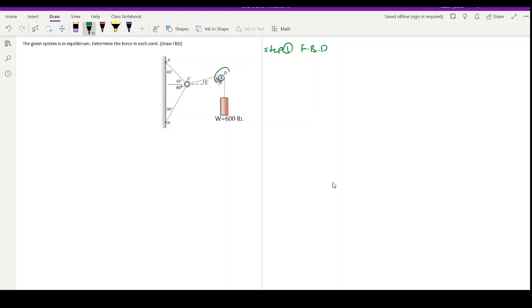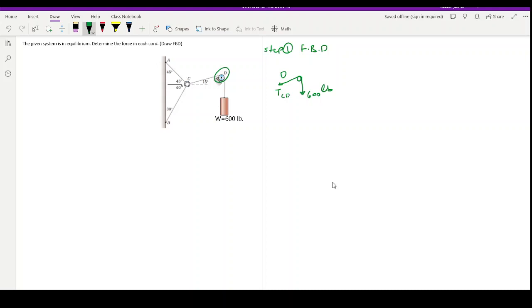First, I will draw it for this pulley D. What I have in here is straightforward. I have 600 pounds, and then I have this cable, on which the force acting is a tension, and I use TCD to show it.